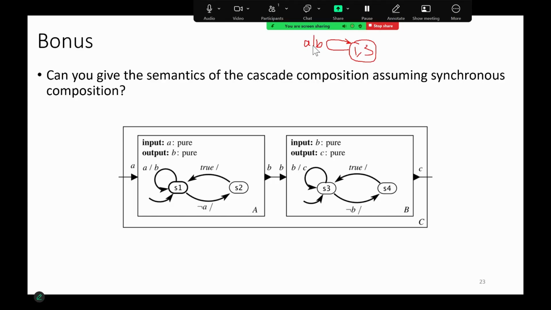Oh, so you mean, sorry. And here B also? Exactly. So S2, S4.